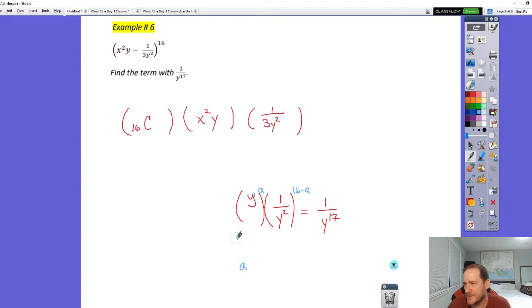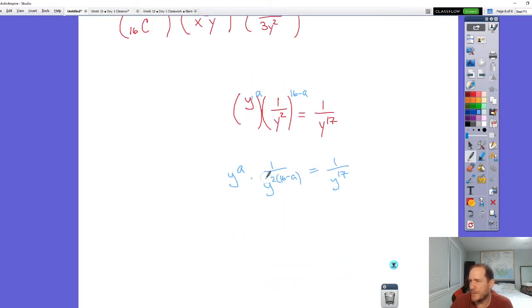We're basically subtracting. Let me write this out all the way. So this would be y to the a times 1 over y to the 2 times 16 minus a. And that's supposed to equal 1 over y to the 17.